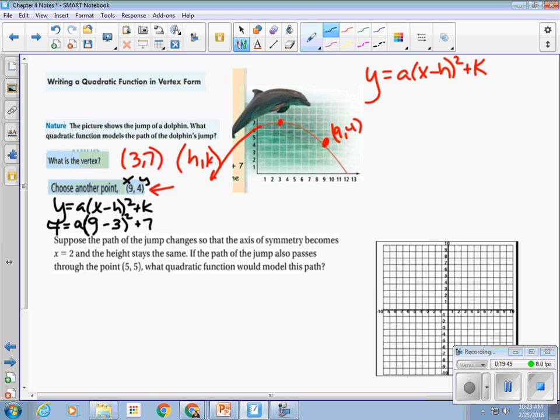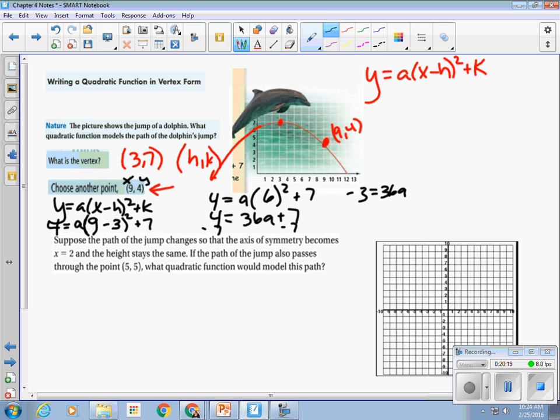So we have 4 equals a times 9 minus 3, which is 6. And if we simplify it, 4 equals 36a plus 7. I'm going to subtract 7 from both sides. And I get negative 3 equals 36a.